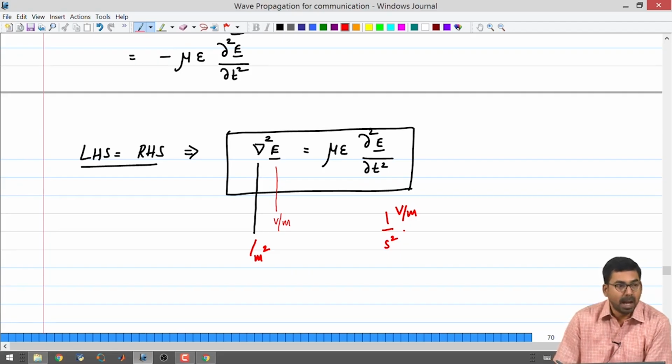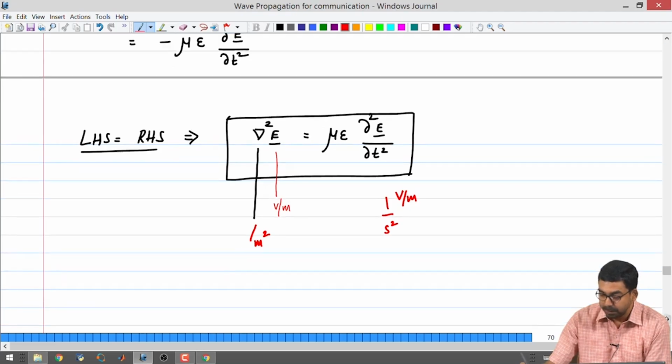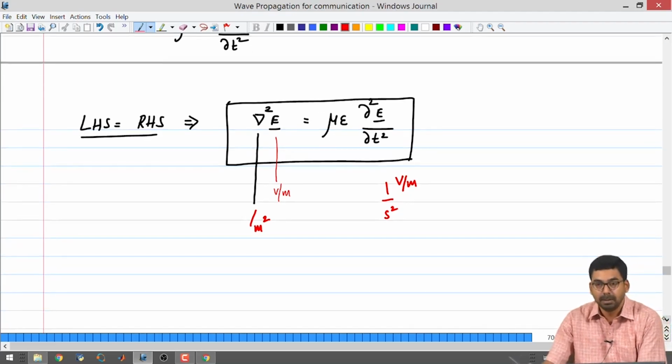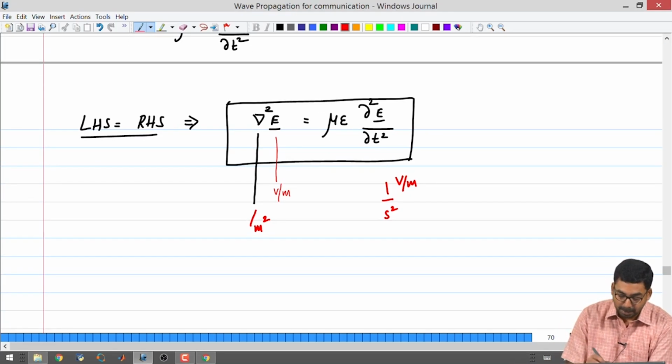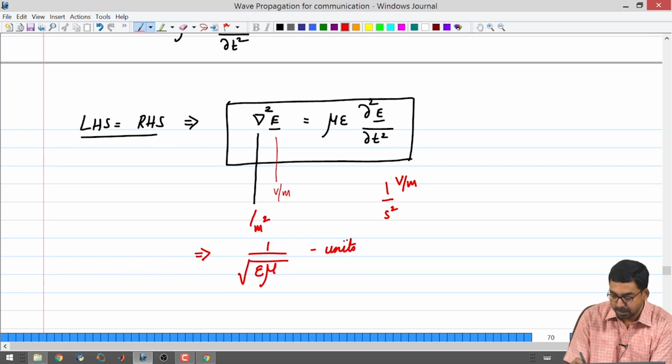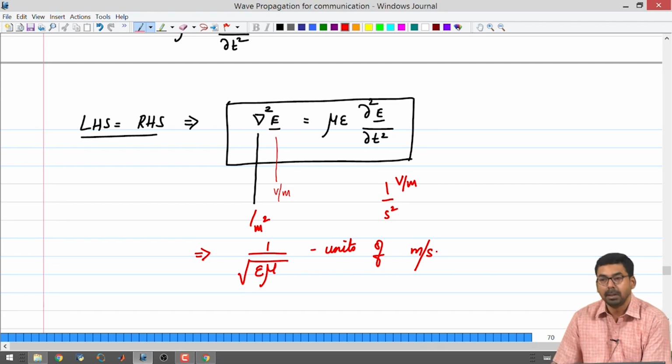For this equation to be dimensionally consistent, mu epsilon needs to have some units which will bring the units on the left and the right hand side to be common. So it happens that 1 by square root of epsilon mu has the units of meters per second. This is analogous to 1 by square root of LC having the units of meters per second.